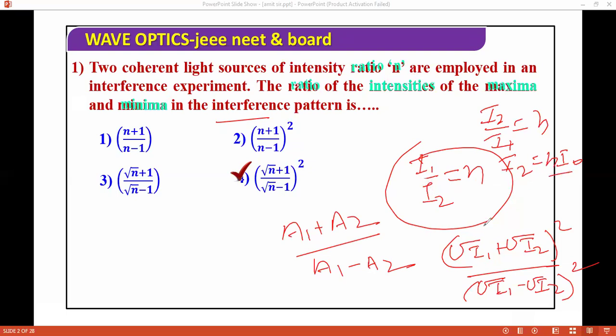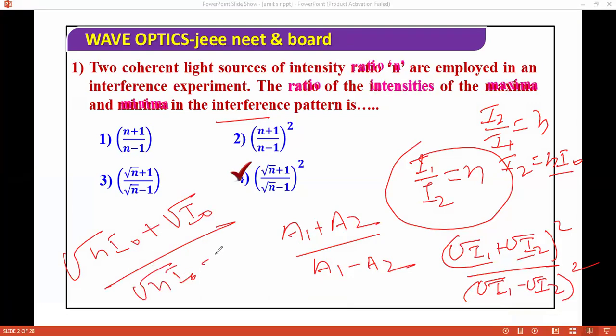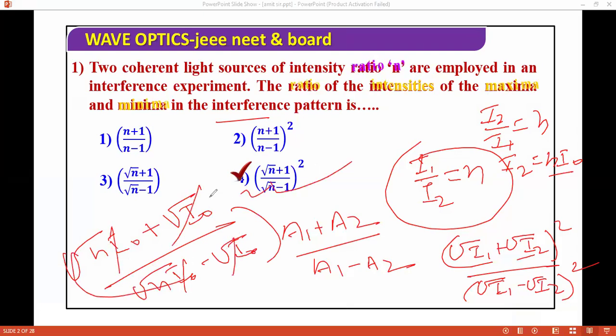If you put it here, root n I naught plus root I naught whole square divided by root n I naught minus root I naught whole square will come. You take I naught common everywhere, so you will get this option.